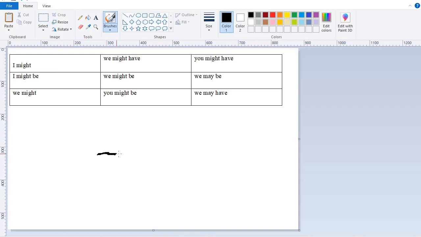How do we write "might"? It's M-I-T. Right? So now, let's add "I", which is represented by your big circle. I might. Let me fix that. Why did it go up? I might. Okay. Next, I might be.